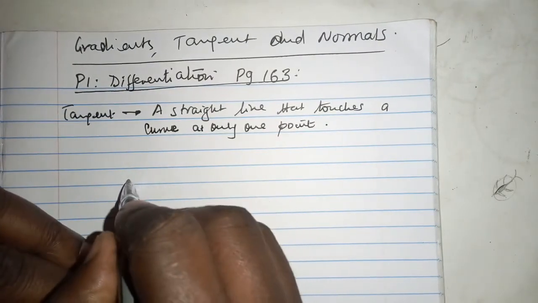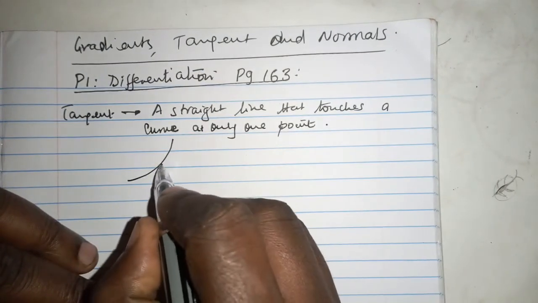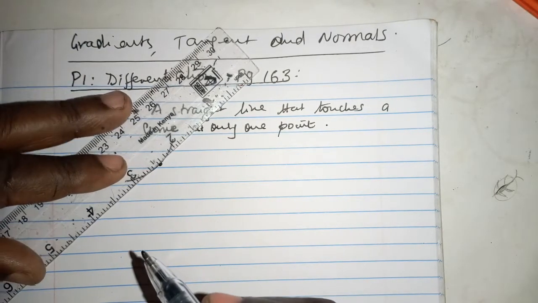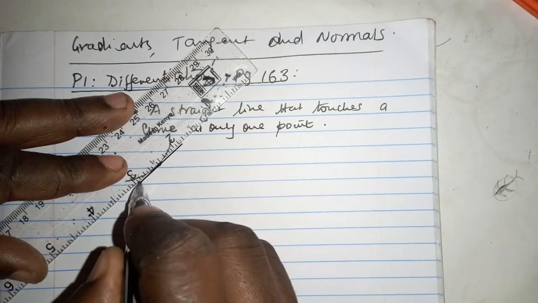That is a tangent. For example, if you're having a curve of this nature, a tangent of the curve at that point is a straight line that touches a curve at that very point.